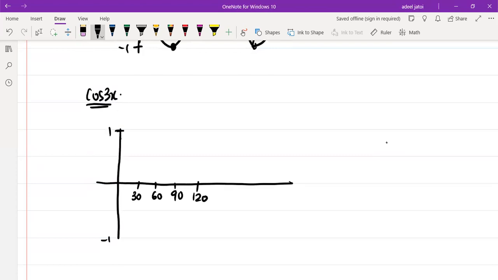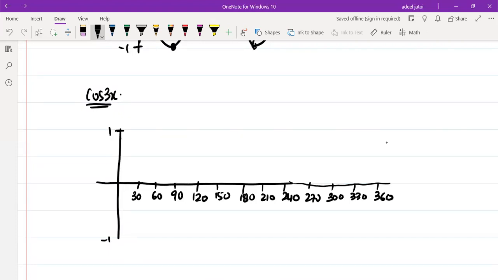Your first cycle should end at 120. Similarly, if we move further, your second cycle should end at 150, 180, 210 and 240. 240 is the value where your second cycle should end. Then we have 270, 300, 330 and 360. This should be the place where your third cycle should end.